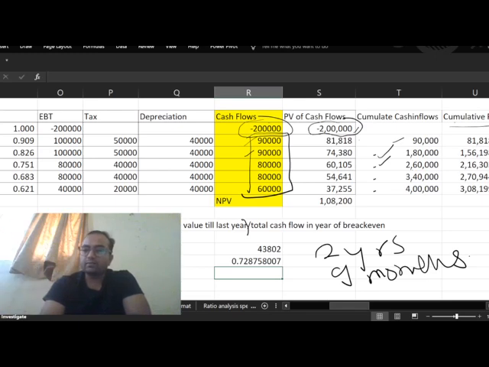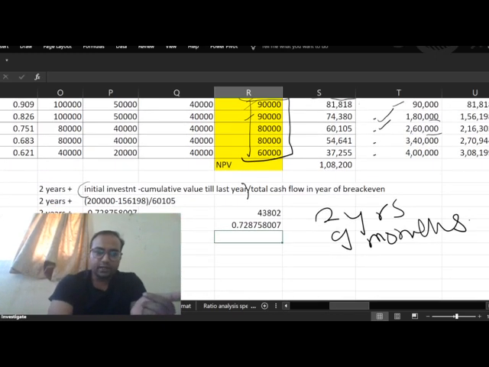So again our accounting payback period lies between year 2 and year 3. So calculating the same, 2 years plus initial investment minus cumulative value till last year divided by total cash inflow in the year of break even. So 2 years plus 2 lakh minus 1 lakh 80,000, that is our cash inflow without discounting till last year, divided by cash inflow in the current year, that is without discounting 80,000.